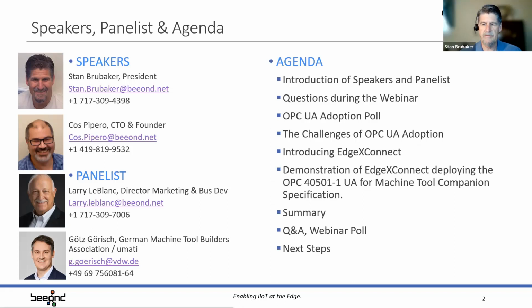With our experience, we decided we were going to build a configurable OPC UA server so we don't have to start with a development every time we want to provide an OPC UA server. Going forward, that is where we're putting our focus: EdgeXConnect as a technology, as a product to satisfy the OPC UA requirements in the marketplace.